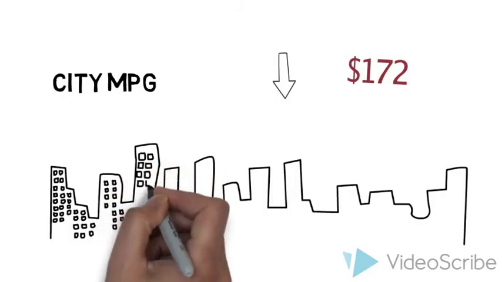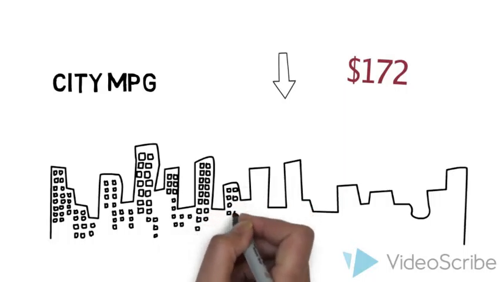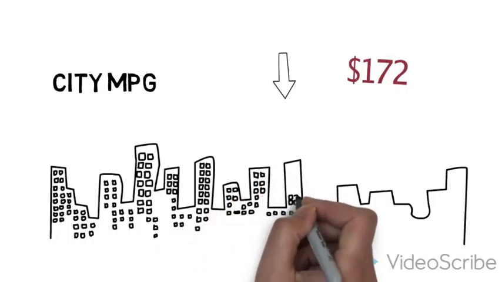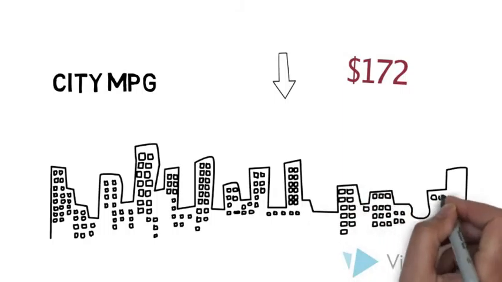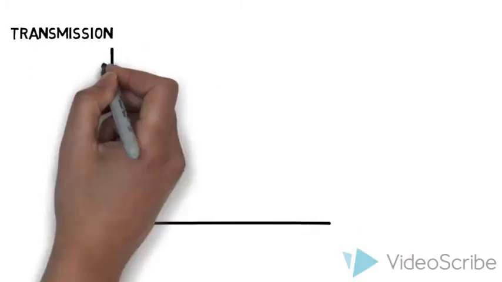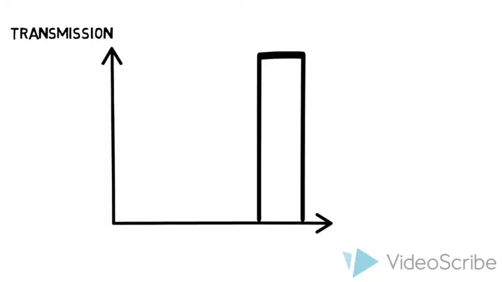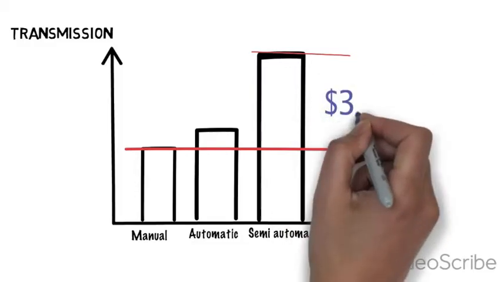We believe that this price drop could be due to the fact that small sedans, such as the Honda Civic, are typically some of the lowest priced cars on the market, but they also have significantly higher city MPG than other cars. For transmission type, semi-automatic cars are the most expensive among cars with different transmission types. Manual transmission is the least expensive, and it costs about $3,200 less than a typical semi-automatic transmission car.